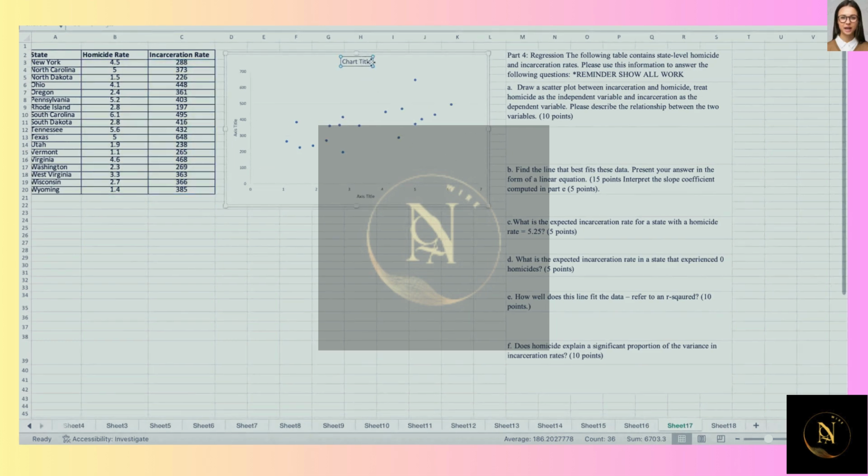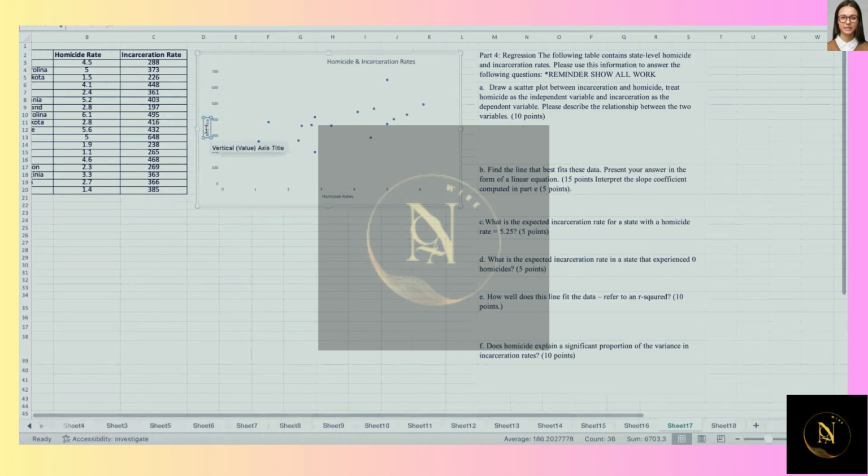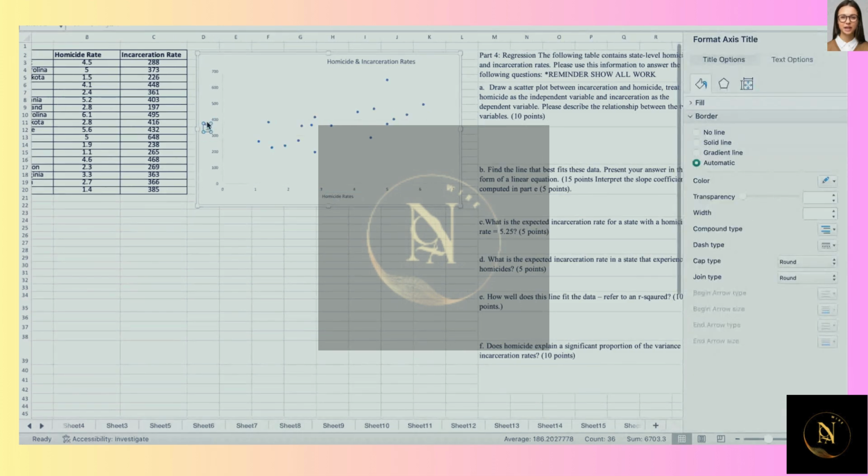So this is incarceration rates, and then we have homicide rates, and then we have incarceration rates.